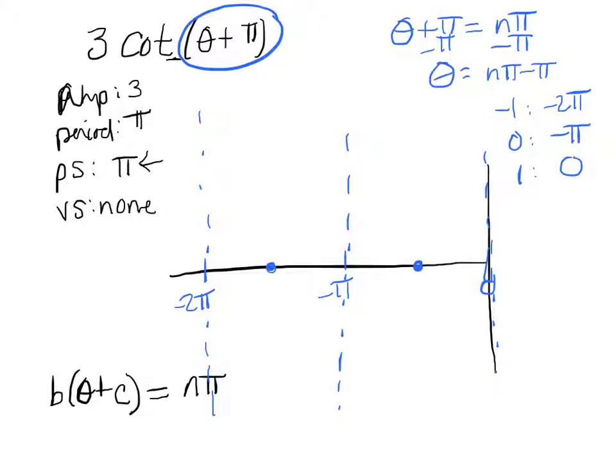My amplitude is going to be up 3 and down 3. Now this is cotangent, so as I look at the rest of my critical values, I have to remember that cotangent goes down. So as I'm putting in my next critical value, I need to go up to 3 on the left here and down to -3 on the right.